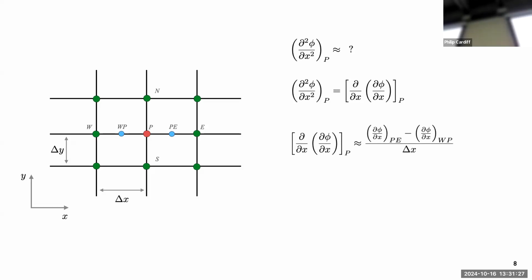The first approximation: we're just trying to get a derivative in the x direction, like how much something is changing at point P in the x direction, which is the first derivative. If we had the value of this first derivative at a point PE, a point halfway between P and E, and we knew the derivative d phi dx at WP, in between W and P, then the second derivative is approximately equal to the value there minus the value there divided by the distance.